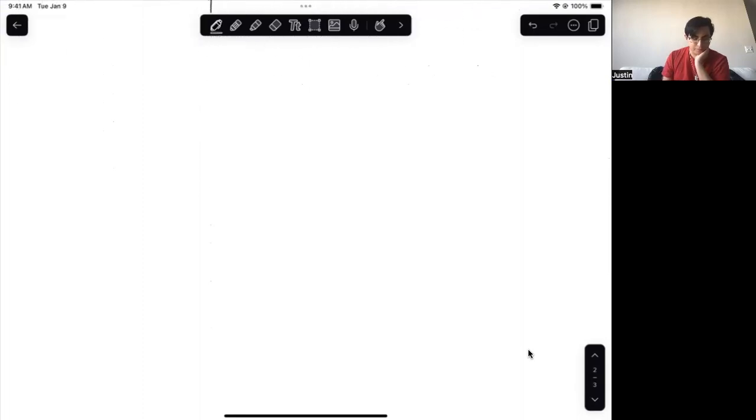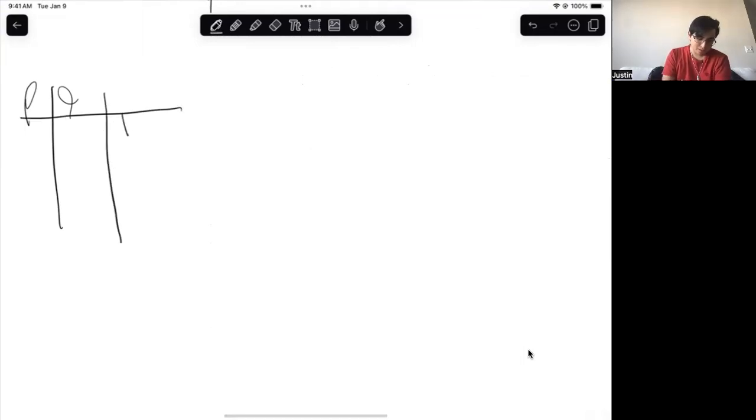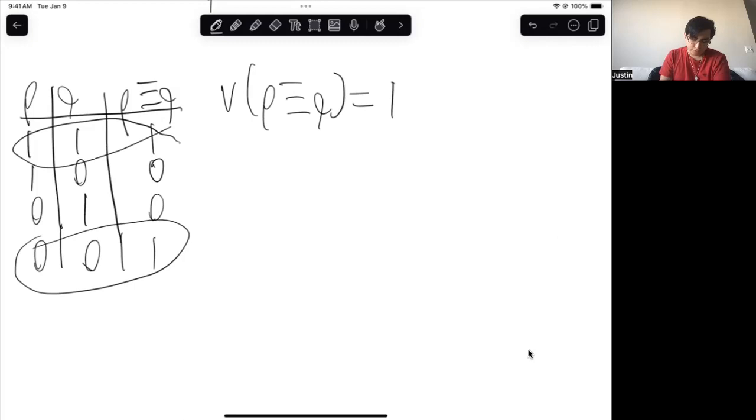Now the biconditional is kind of a mixture of both of these. You just put these two and squash them together. The value of P or Q was 1 in both of these two instances here.